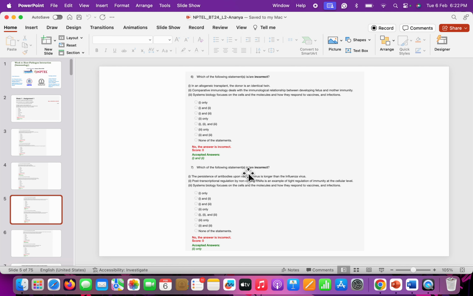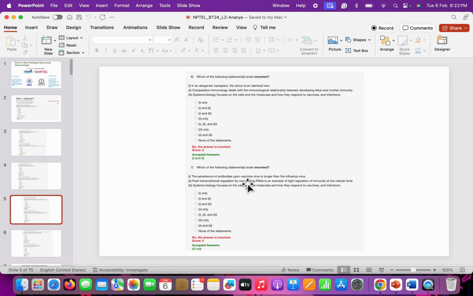Which of the following statements are incorrect? The persistence of antibodies upon vaccinia virus is longer than the influenza virus is true. We have read that for influenza it's about 1 year, but for vaccinia virus it's more than 1 year, a longer period of time we will have the antibodies in the blood.